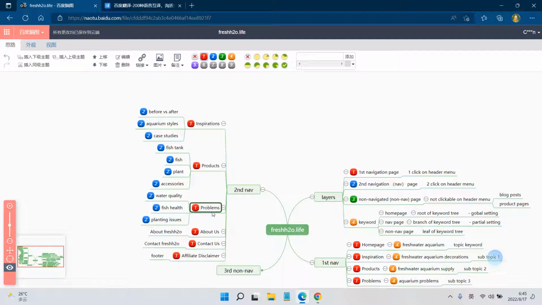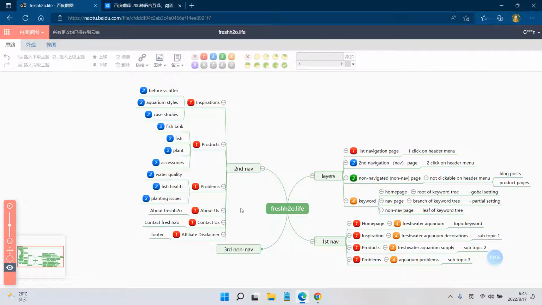Then you need to write blogs, take photos, take videos, and help them to understand how to deal with that issue. This is the second navigation issues, something like this.